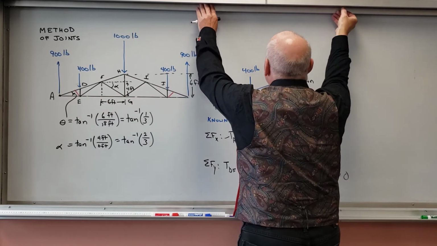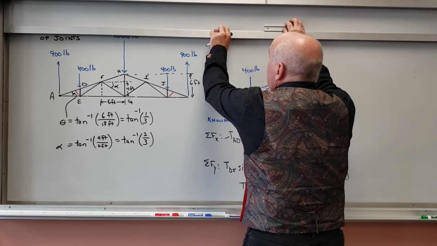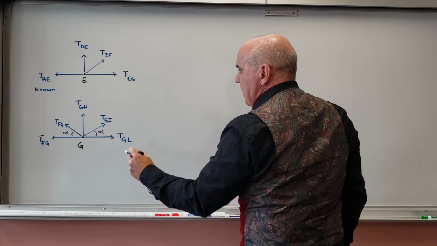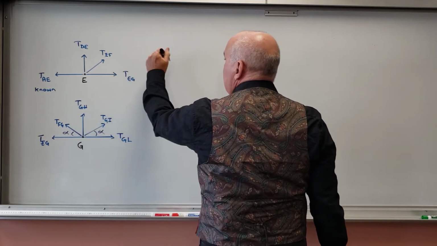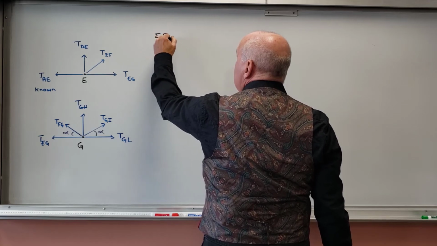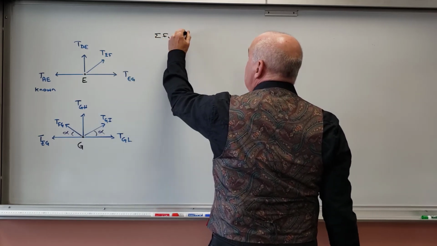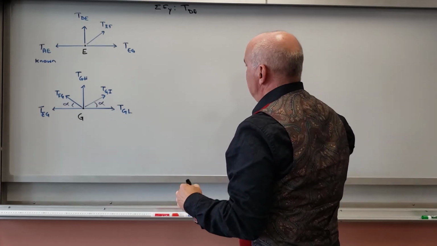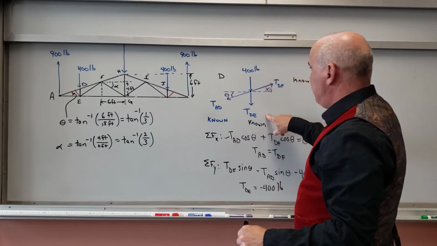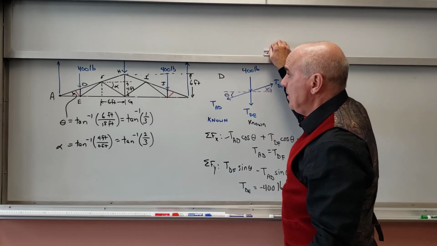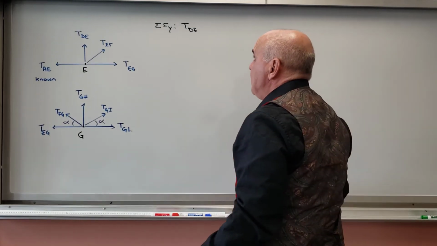Let's start at E, which is right here. Again, I know TAE. So for the sum of the forces in the Y, I have TDE. But if we go over here, TDE is now a known, because I discovered that earlier. So that's actually a known.